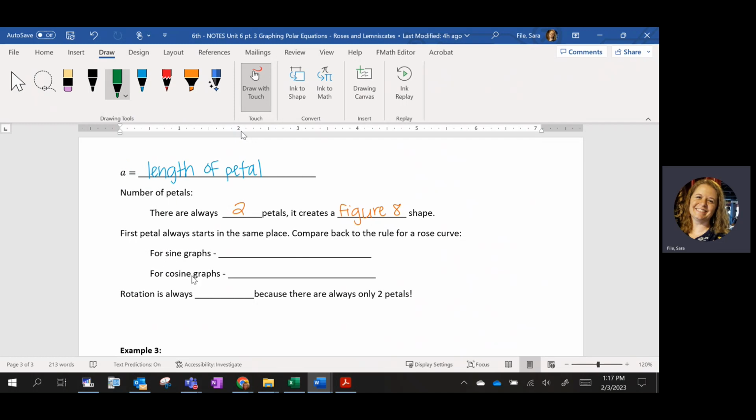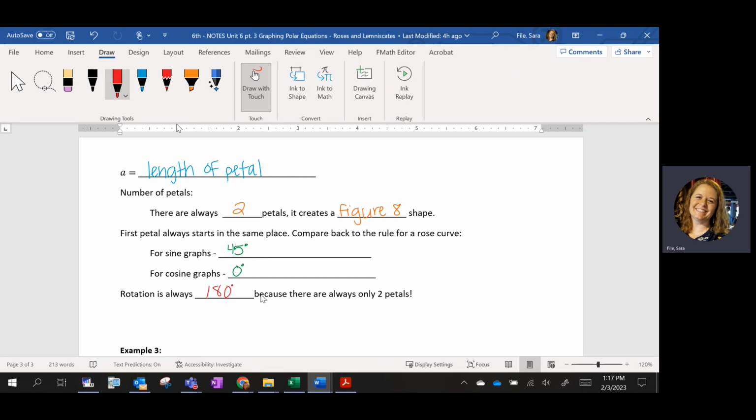So for your cosine graph, it's always at 0 degrees still, just like the rose curve. And if the rose curve was 90 divided by n, and this is always a 2 in that place, this is always going to be drawn at a 45-degree angle for sine. If there's only 2 petals, what is always the rotation between the petals? 180 degrees. Good.